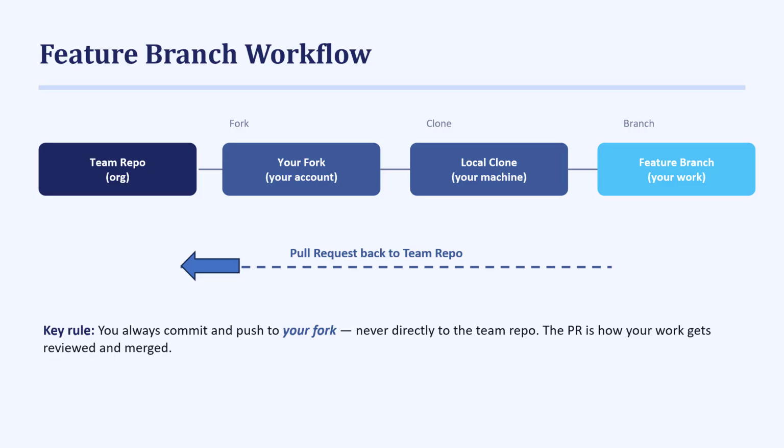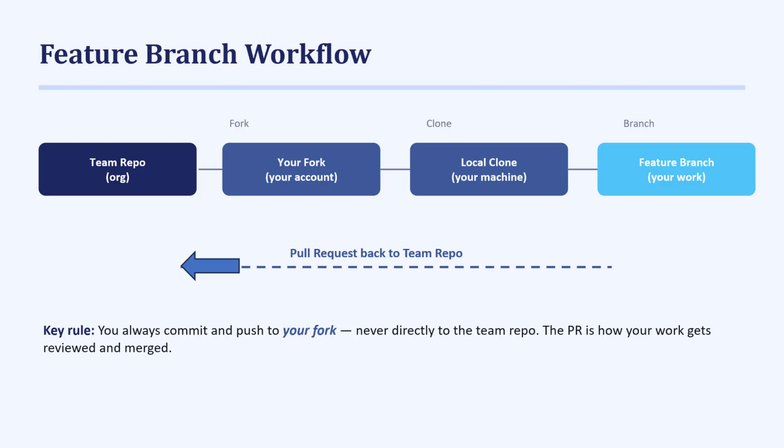Then you could clone the fork locally, so now you have those files on your computer. Then you can create the feature branch on your fork, make your changes, publish and push your changes, and then open a pull request from your fork's branch back to your original repo, wherever the org or the team or whatever that is, the main.